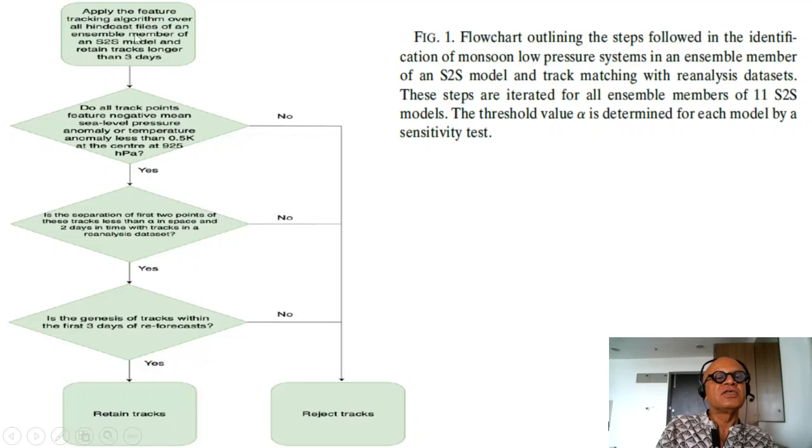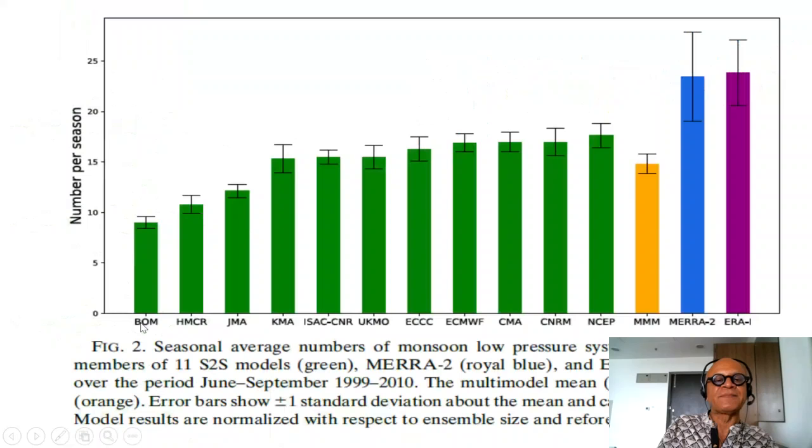So apply the feature tracking algorithm over all hindcast files of an ensemble member of an S2S model and retain tracks longer than 3 days. So there is a persistence time scale. Do all track points feature a negative mean sea level pressure anomaly or temperature anomaly less than 0.5 K at the center at 925 hectopascals, so closer to the surface, and so on. I won't read all of them, but you get the idea.